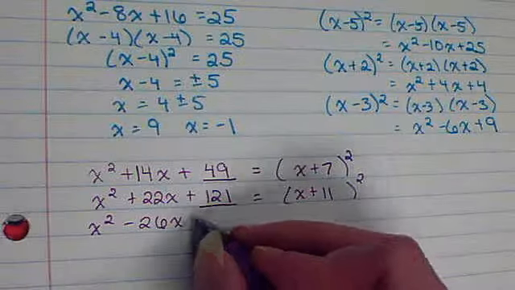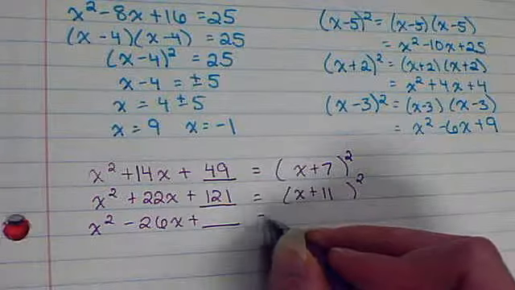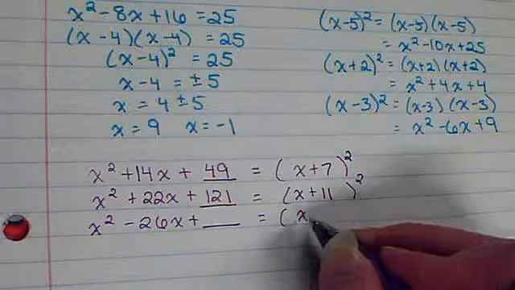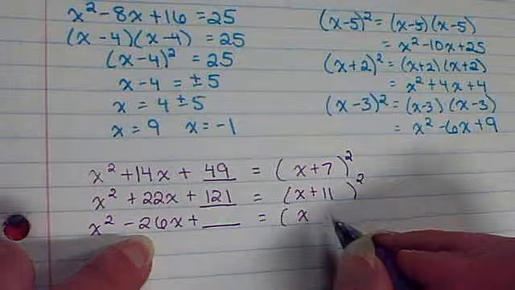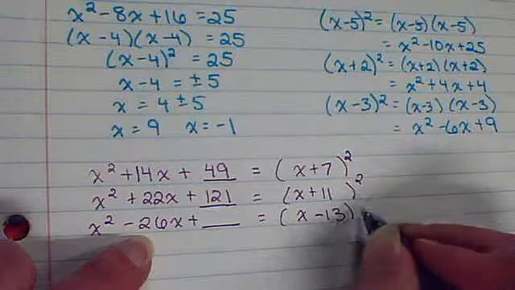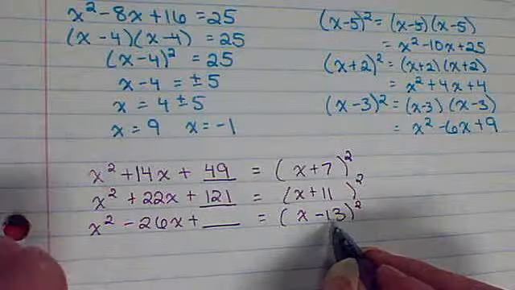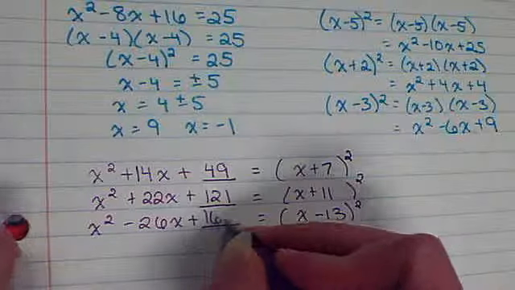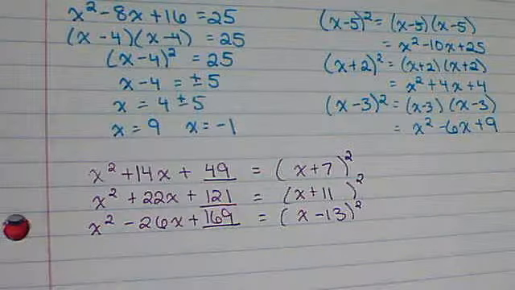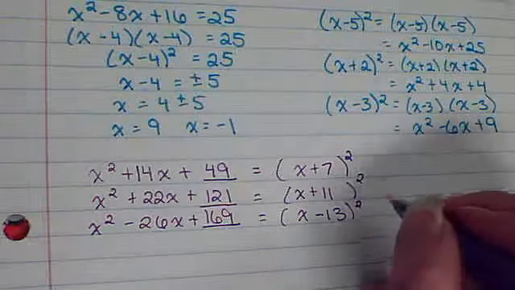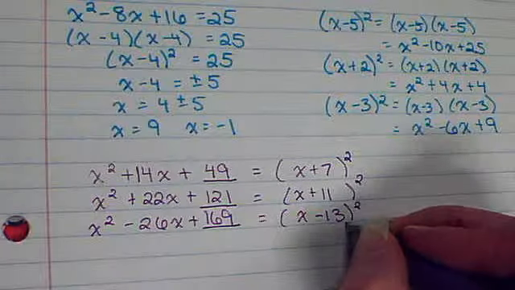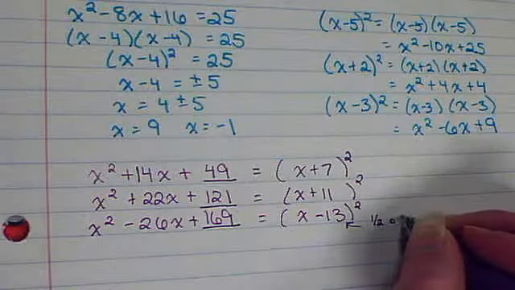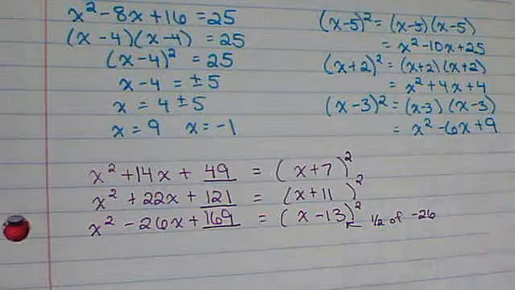These are some big numbers here, but it's okay. Over here, we'd have x, and then half of that, negative 13, take that number and square it. That's 169. So think about this. Remember, this number is coming from half of that middle term.